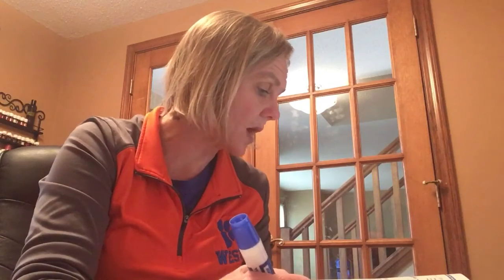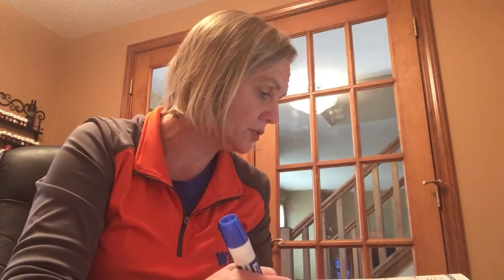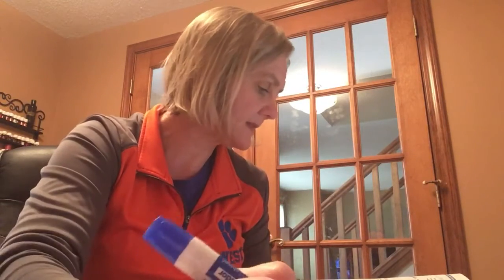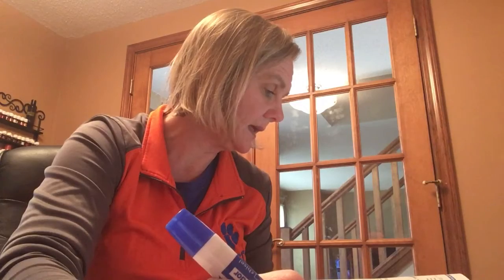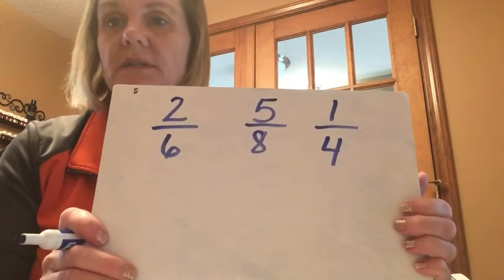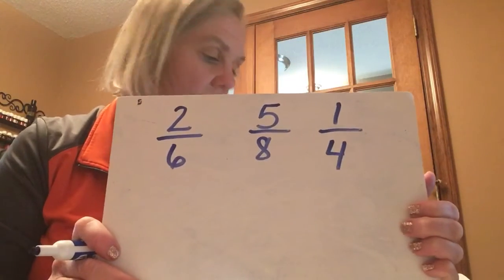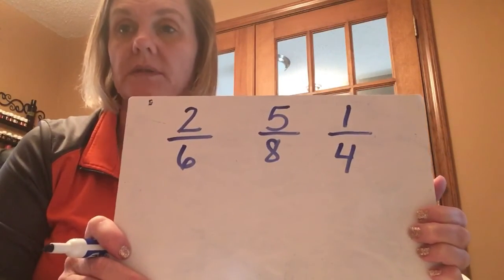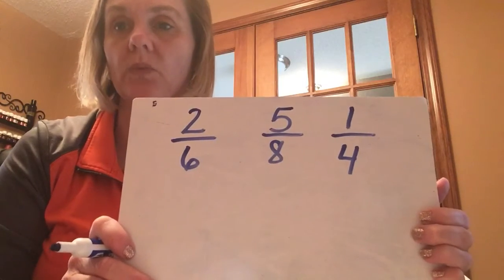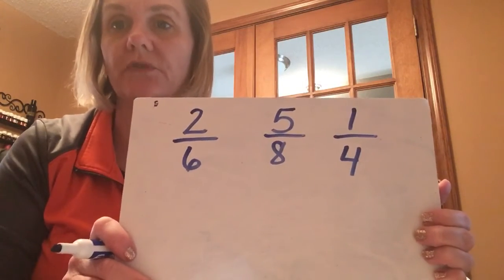So I'm going to do 2/6, 5/8, and 1/4. Okay, and I'm going to compare these fractions to say which one is the smallest, which one's the next one up, and which one's the greatest or the largest fraction.